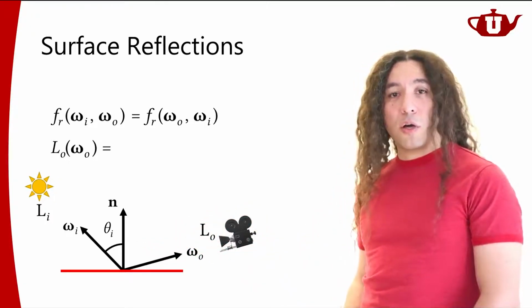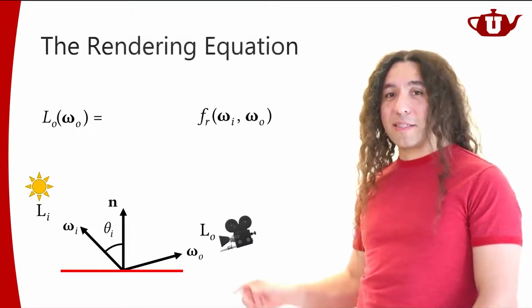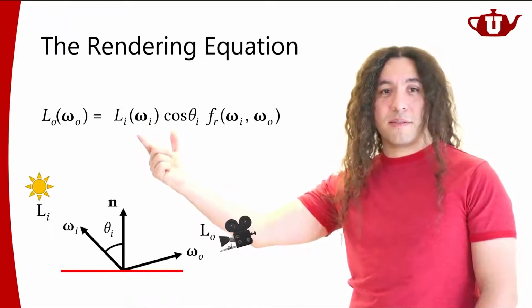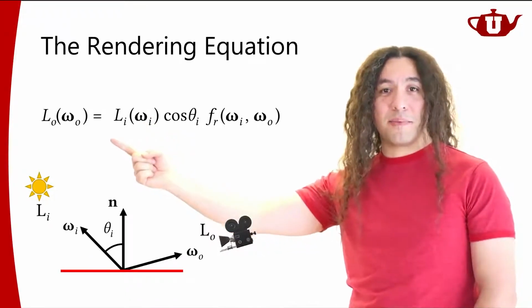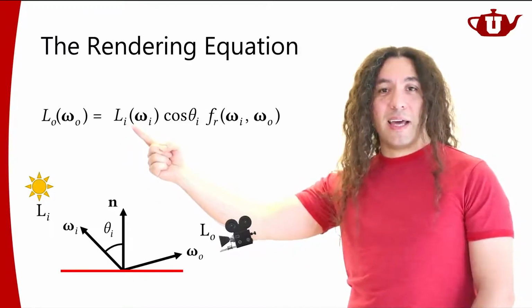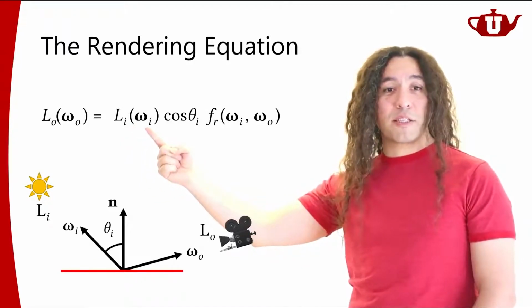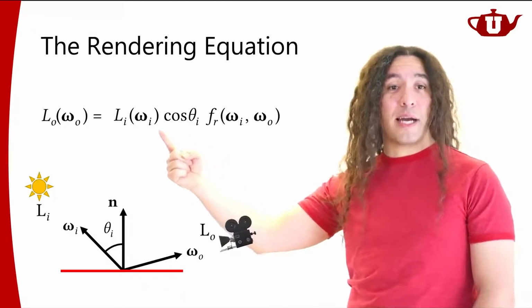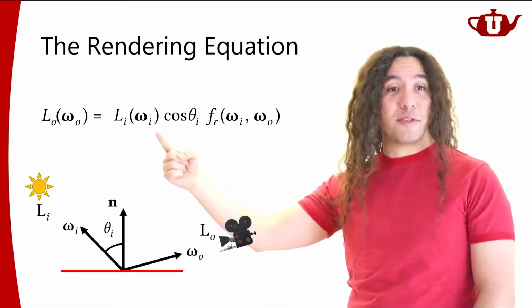So the incoming light is this term here: L_i, along this incoming direction omega_I, multiplied by the cosine term, the geometry term. Remember the geometry term?